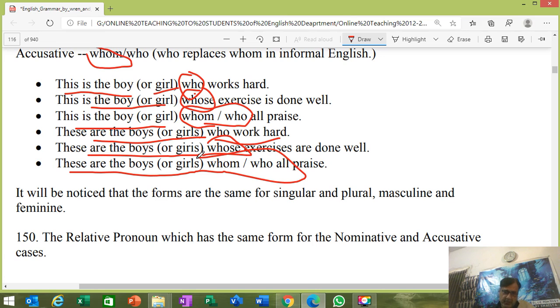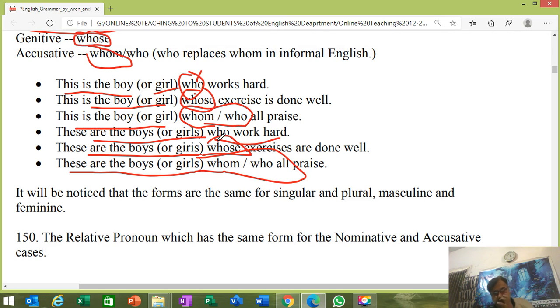Now the basic purpose is this: all these words, who, whose, and whom, relate the two parts of a sentence. They refer to singular nouns and to plural nouns as well.